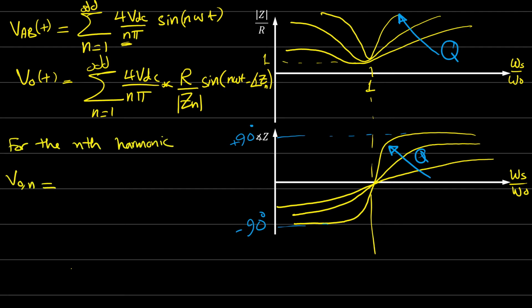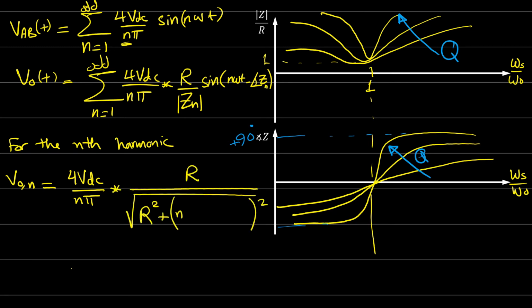For the nth harmonic, 4 VDC over n pi times R over the impedance here, square root of R squared plus n omega s LR minus 1 over n omega s, the switching frequency, CR, squared. So this is the output value for the nth harmonic.